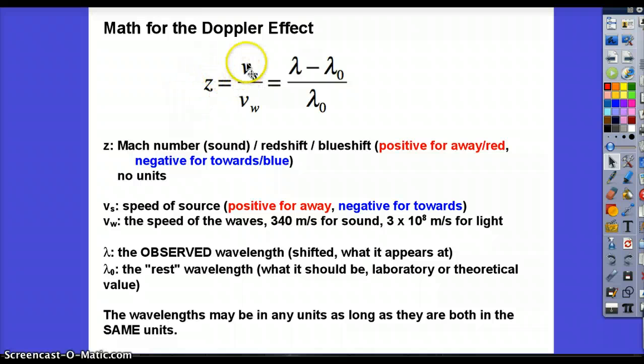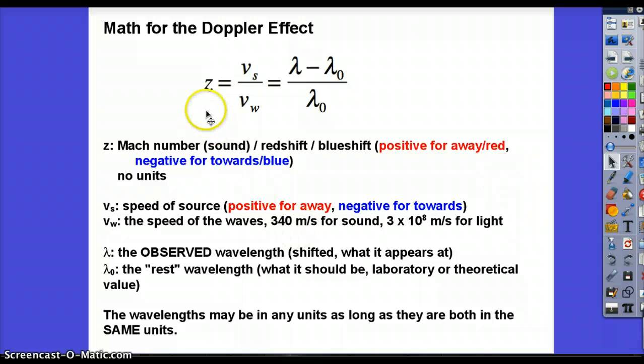And that's a ratio of the speed of the source to the speed of light. That number, Z, will be positive for something that's moving away, something that gets redder, and negative if it's moving towards you and getting bluer. The Mach number has no units because it's like meters per second over meters per second. That cancels.